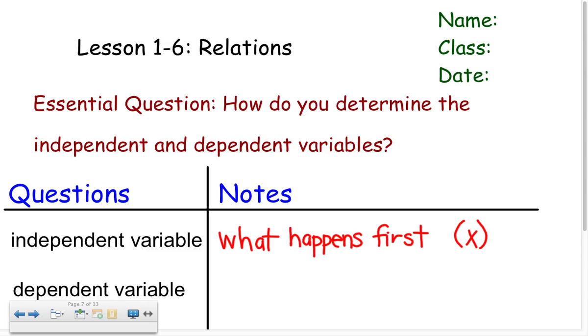The dependent variable, if you look at the word depend, the dependent variable depends on the independent variable.